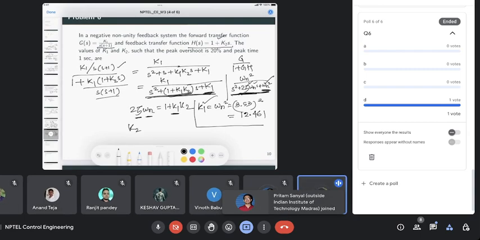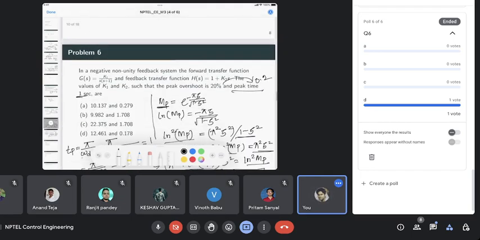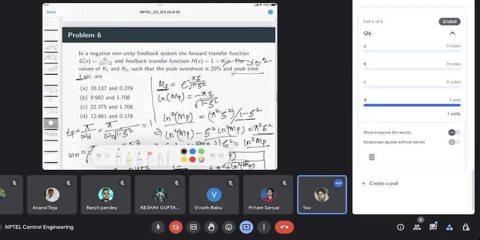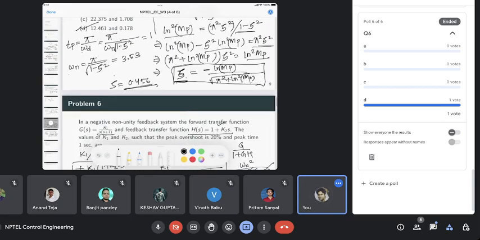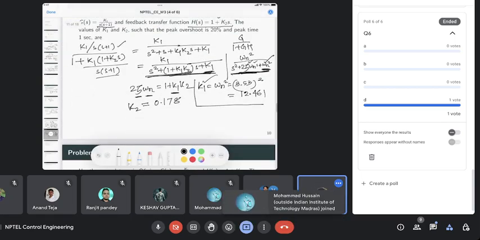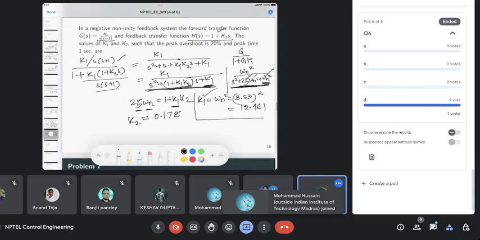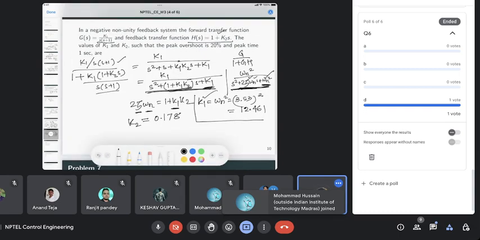I'm just writing those values. You can calculate them directly. So this is 1.78 and this d. Okay, is it clear or do you have any doubt?